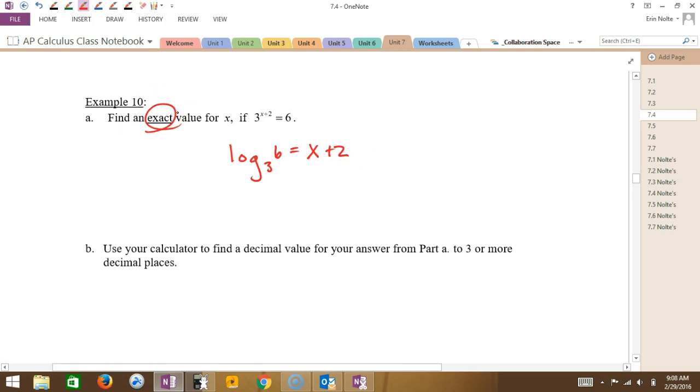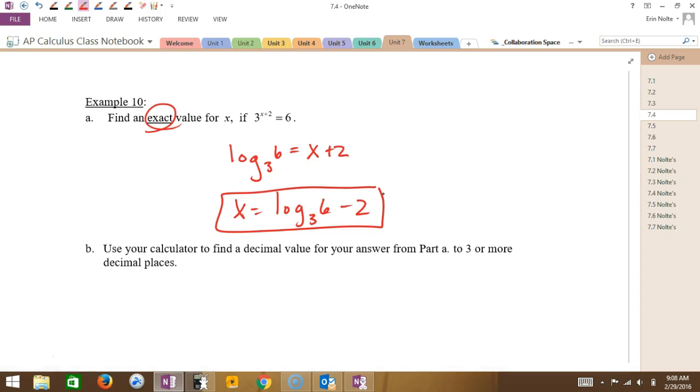So can I convert it to a decimal? No, because if you convert it to a decimal, it will not be exact. You will have rounded. So my last step is just to isolate the x, or subtract the 2. So x is going to be log base 3 of 6 minus 2. So that's the exact value of x. Just leave it in logarithmic form.